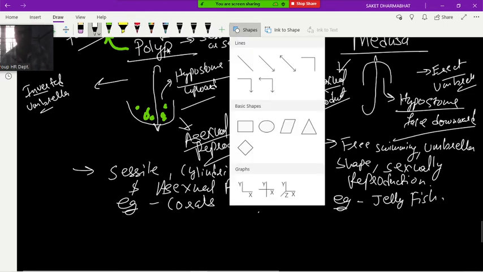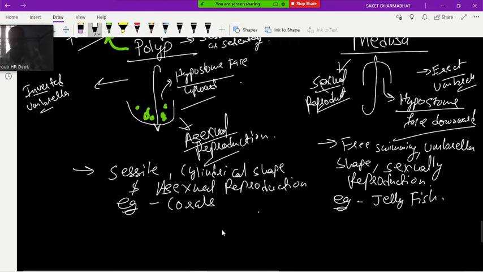Now we will talk about metagenesis. Hydra is an example of polyp. Hydra is polyp, but it will do locomotion. Somersaulting and looping, two types of locomotion. That's why if we say, coral is the purest example of polyp.